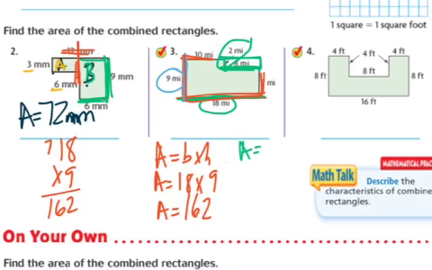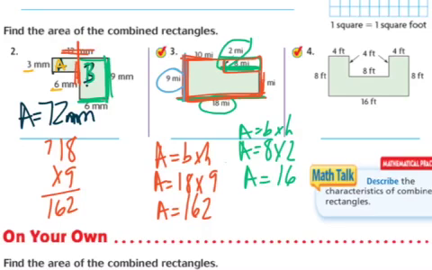So that's the section that I need to find. My base is 8, and my height is 2. Area equals 16.